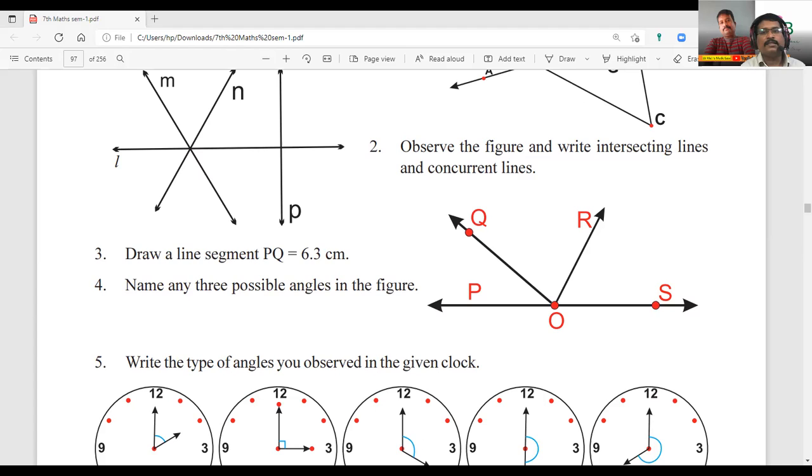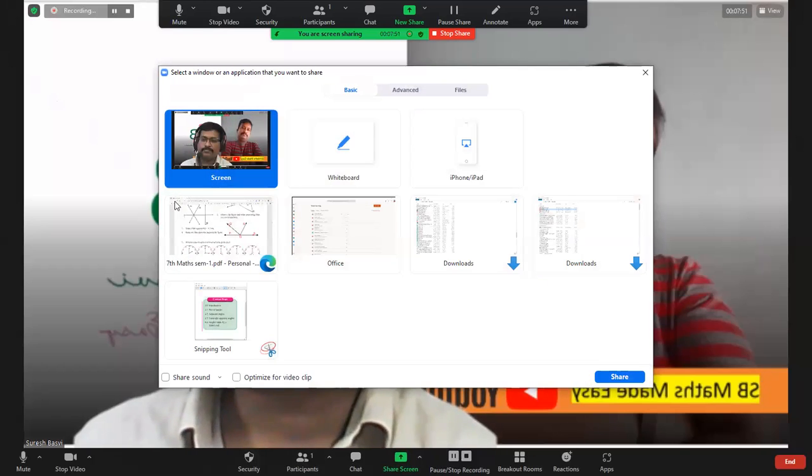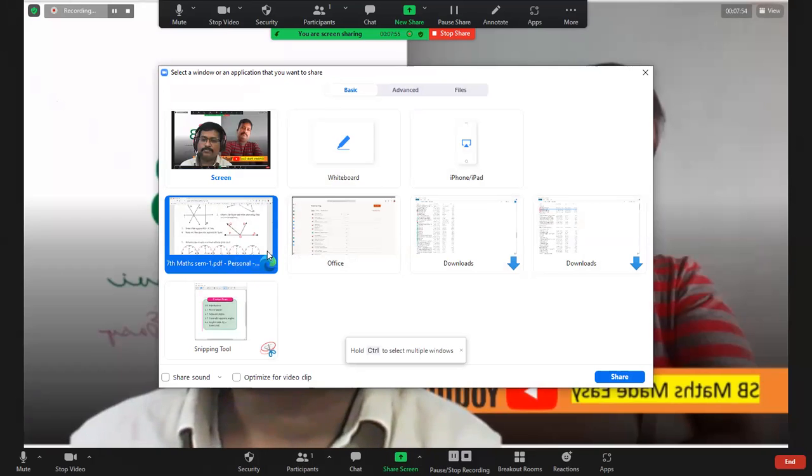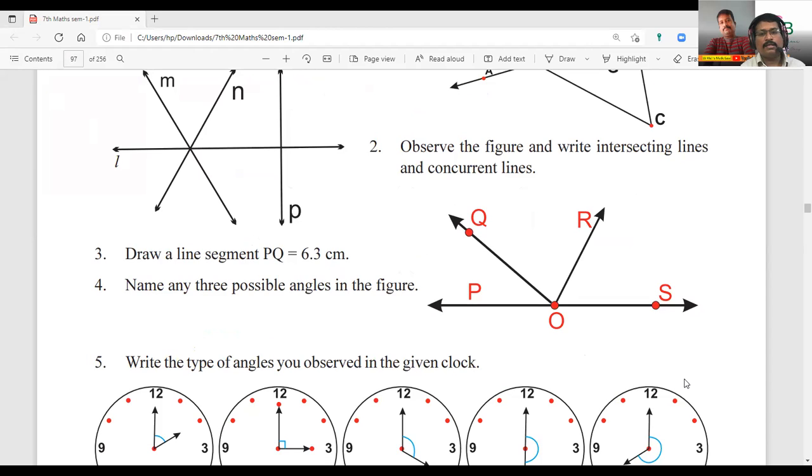So drawing a line segment means like this: from 0 to 6.3, you can name it PQ.